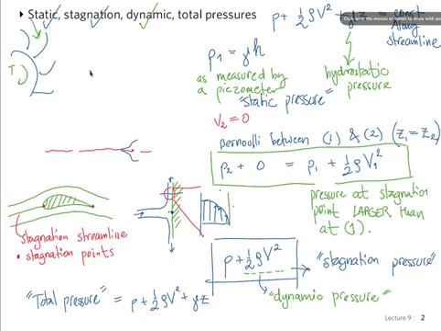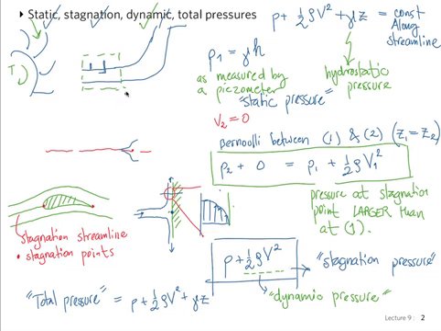If we had the same situation here with our piezometer and our dynamic pressure measurement, but this whole thing changed elevations, then we would have a difference in gamma z. But here we've taken z1 equals z2, so we've simplified our analysis at just this little place over here. We don't have the effect of z.